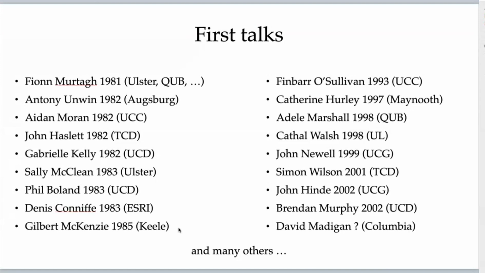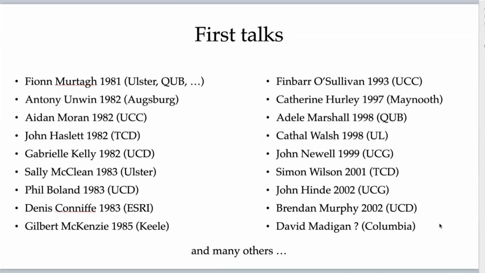Gilbert came in 1985. He actually gave 2 papers, so maybe there should be a star against his name there. Finbar O'Sullivan gave his first paper in 1993. By the way, all this stuff depends on my correct reading of the records of the Society. I hope that I've got all the names and dates right. Catherine Hurley's talk, I think, was the first in 1997, Del Marshall in 1998, Carol Walsh, John Newell.